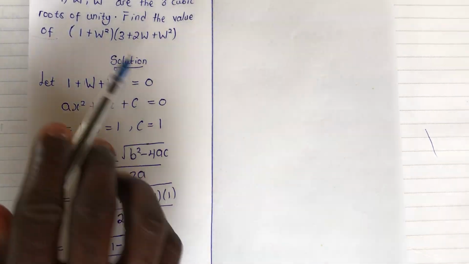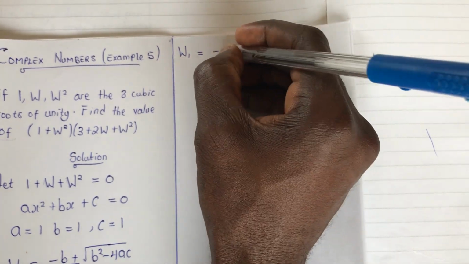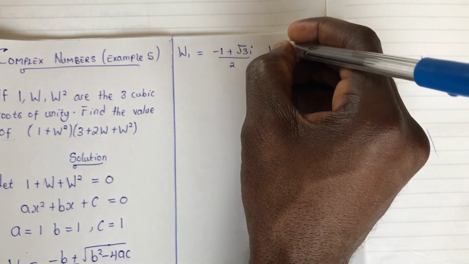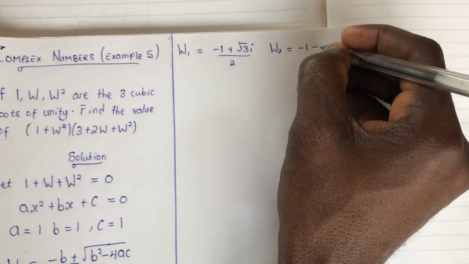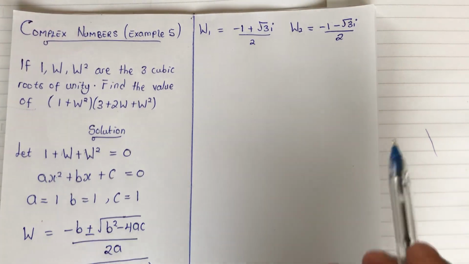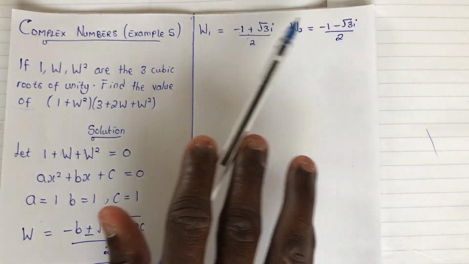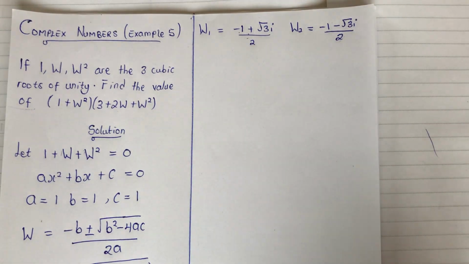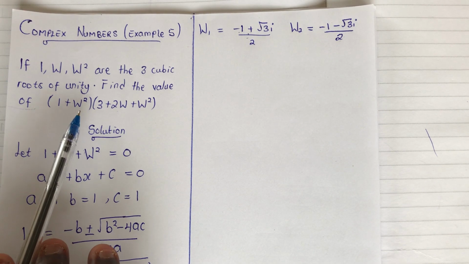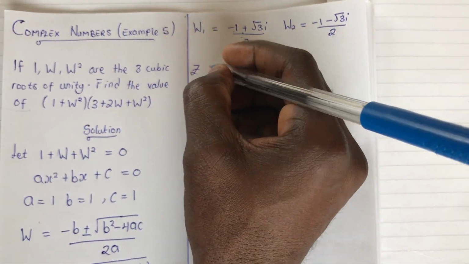Now you decide which one you want to use. Let's focus on this one, but I'll use both of them. It's not always necessary to use both, depending on what the question is asking you to do.